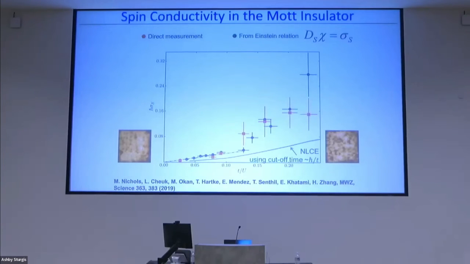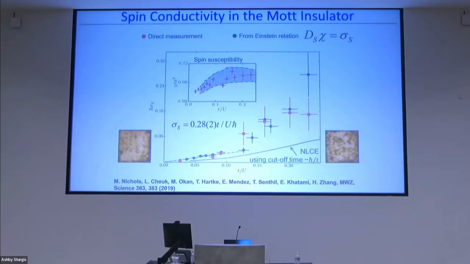We can also obtain the spin conductivity from knowing the spin. Well, we can obtain it directly by just applying a force and watching the current go. We can get it from the Einstein relation, knowing the spin susceptibility in both ways of extracting it.